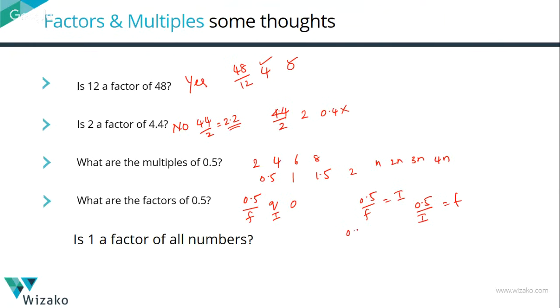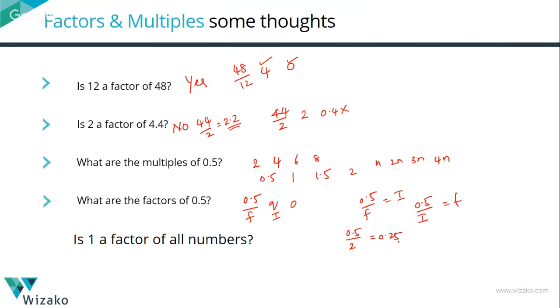So what are the factors of 0.5? 0.5 by 1 is 0.5. Is 0.5 a factor of 0.5? Certainly yes. 0.5 by 2, will it be a factor of 0.5? Yes, this is equal to 0.25. Think about it this way. 0.5 is 50 cents. Is 25 a factor of 50? Certainly yes.